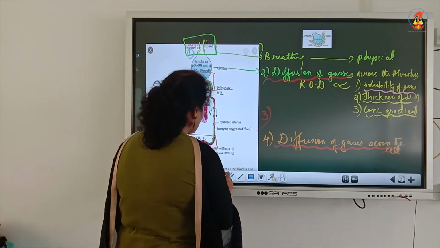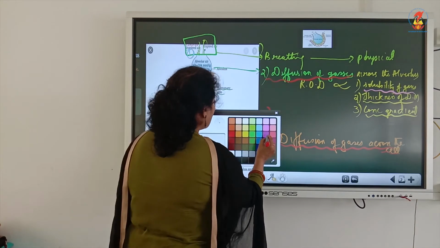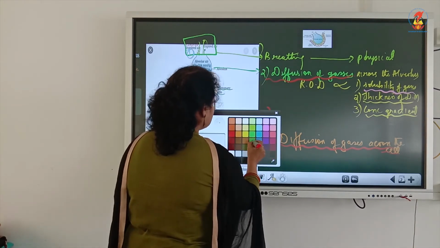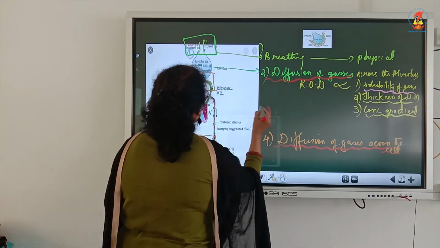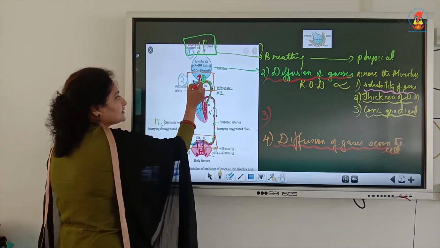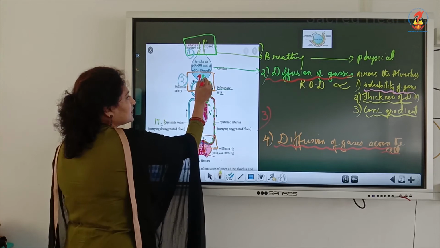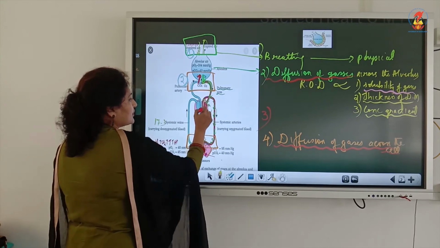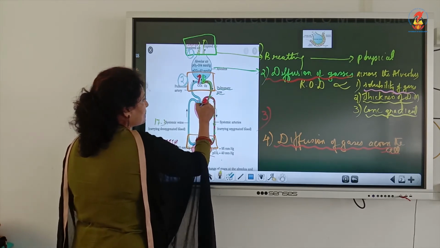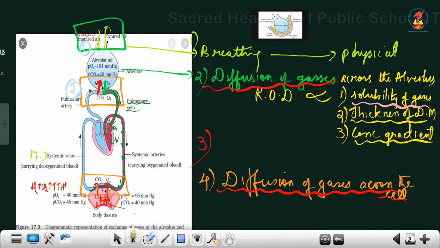Simultaneously we are going to see the route of deoxygenated or carbon dioxide rich blood. I am going with yellow color. Now follow this side. Now the carbon dioxide, the path is from here down. Now we saw the carbon dioxide from the cells gets into the blood vessel.